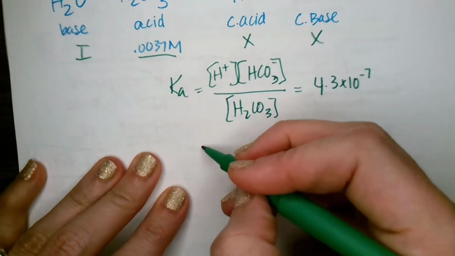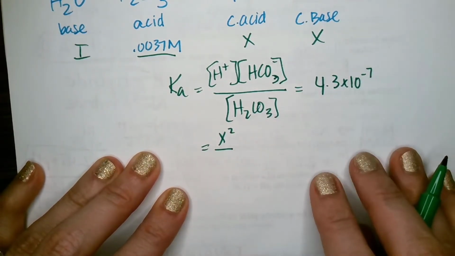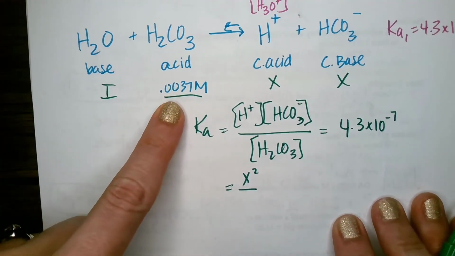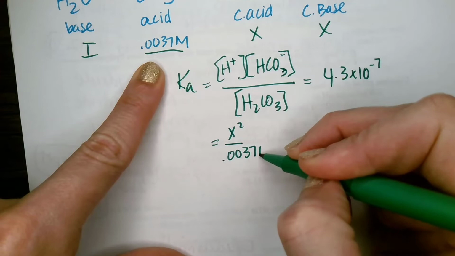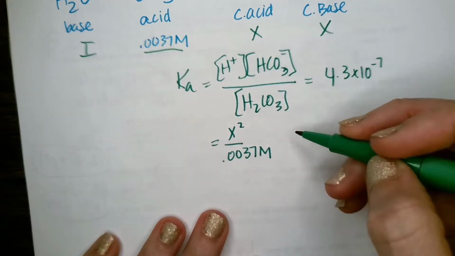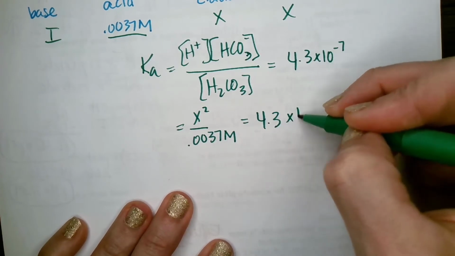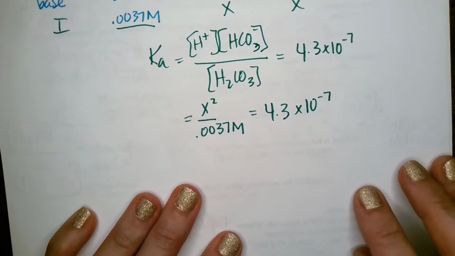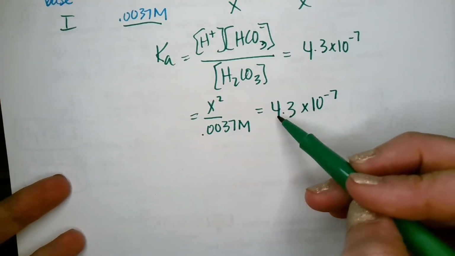All right, we know that X and X, we can simplify and say X squared on top of here, so we can say that x squared over our H2CO3 concentration, so 0.0037 molar, is equal to our Ka of 4.3 times 10 to the negative 7.